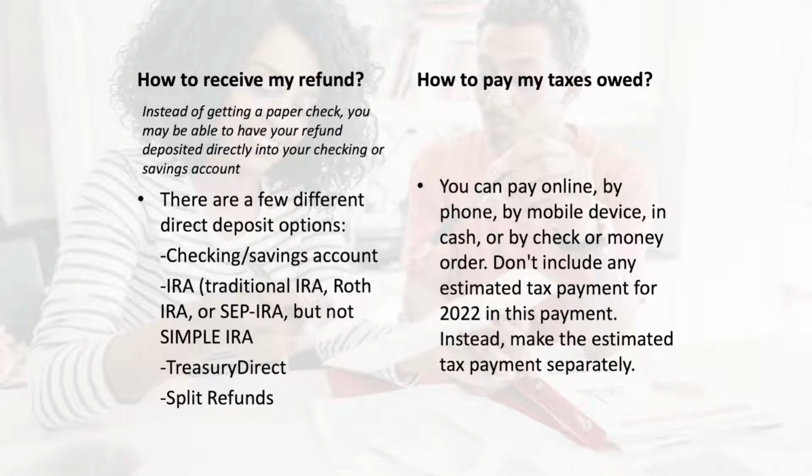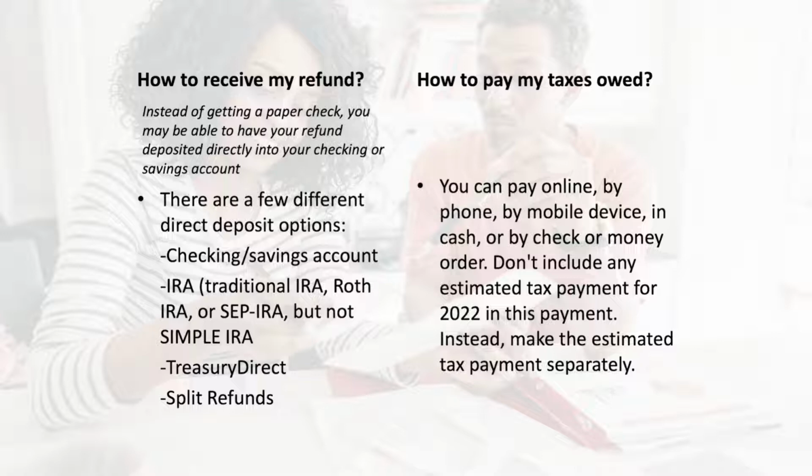So now that we've determined if we're receiving a refund or if we're paying taxes owed, let's talk about how we can receive that refund and how we pay those taxes. Ways you can receive the refund: instead of getting a paper check, you can have a direct deposit into your checking or savings account.